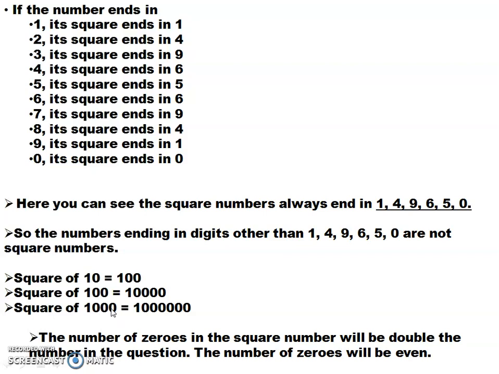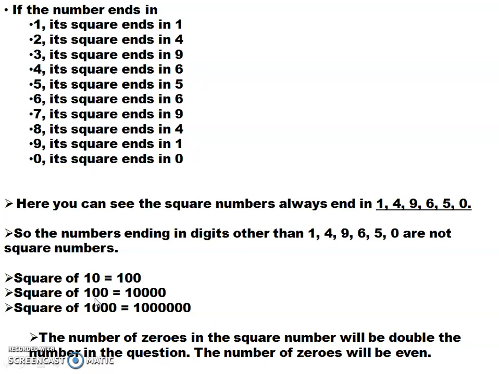Square of 1000. How many zeros in 1000? 3. So how many zeros will be there in its square? 3 plus 3, 6 zeros. So what is the condition? The number of zeros in the square number will be double the number of zeros in the original number. If the number is 10, your answer will have 2 zeros.